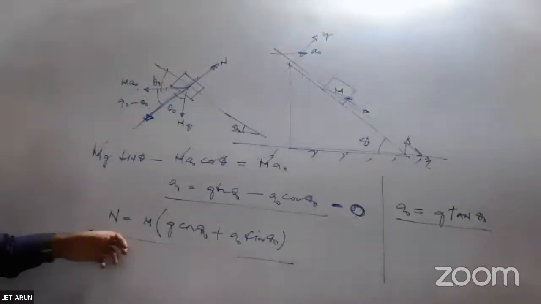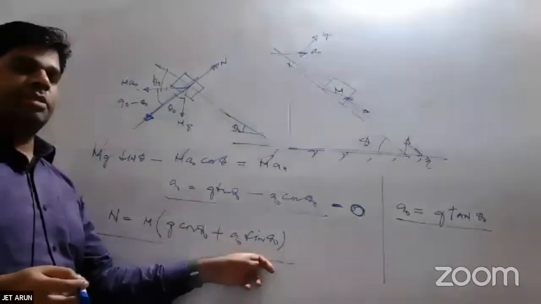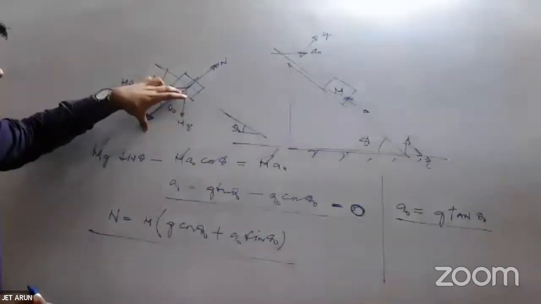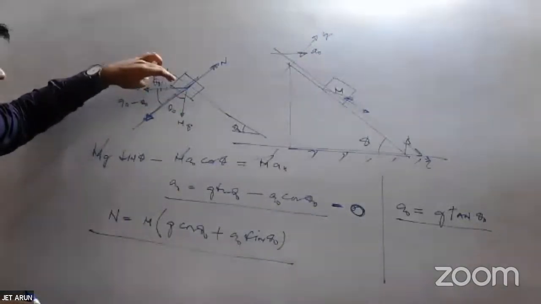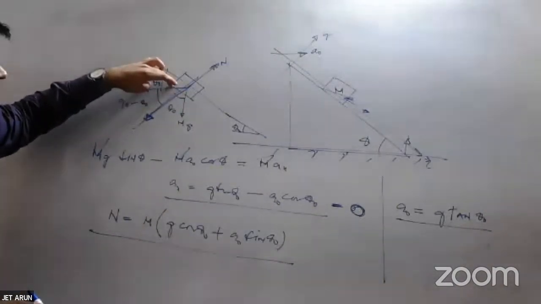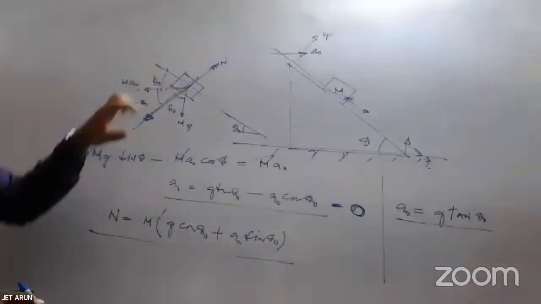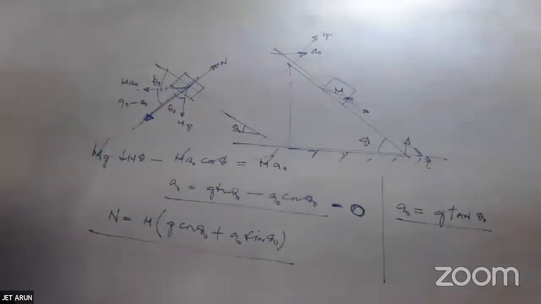That's how I got this equation. N is equal to mg cos theta plus ma sin theta. mg cos theta is the component of mg perpendicular to the plane, and ma sin theta is the component of ma, which is the pseudo force, perpendicular to the plane. Is it okay? Yes, sir.